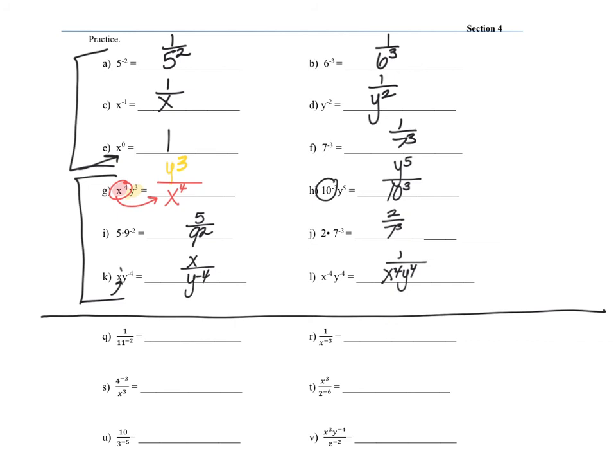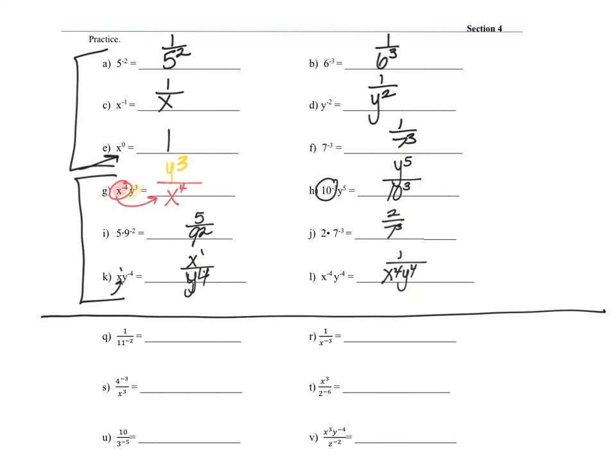So x to the first would have stayed upstairs, and then you would have moved the y. Oh, too bad. That should be a positive 4, not a negative 4. So that should be y to the positive 4th there. And then on letter L, both variables should have moved down to the bottom because they both had a negative exponent on them.